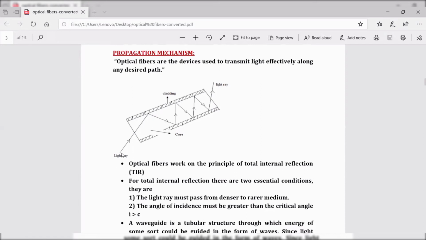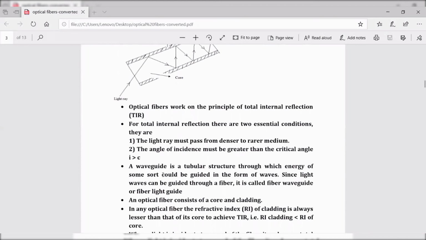What is the optical fiber propagation mechanism? A waveguide. A waveguide is a tubular structure through which some sort of energy could be guided in the form of waves. Since we are guiding light through it, optical fibers are called fiber light guides or fiber waveguides.